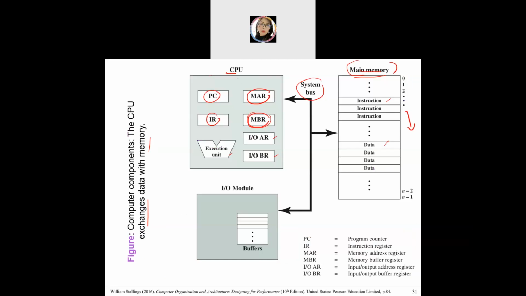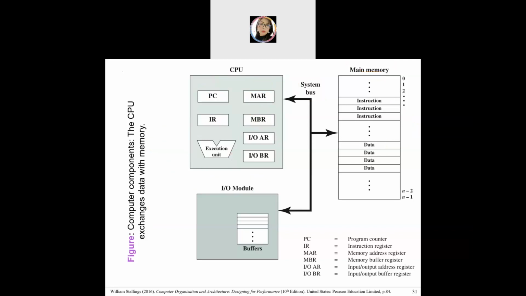So all of this is under the CPU, remember, under registers. And then you have another one, the CU, and another one, which is the ALU.